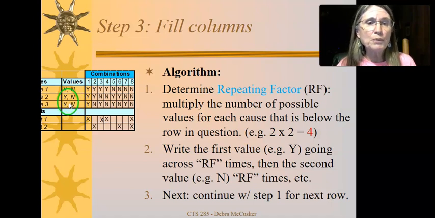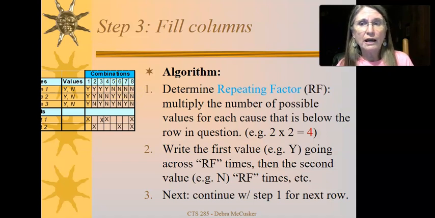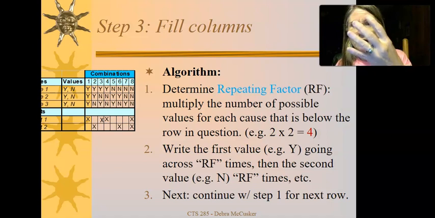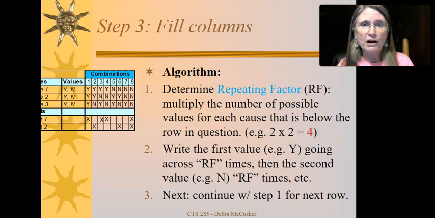So the repeating factor for row 1 is 4, meaning we put Y, Y, Y, Y followed by N, N, N, N. So we repeat Y 4 times and then repeat N 4 times.